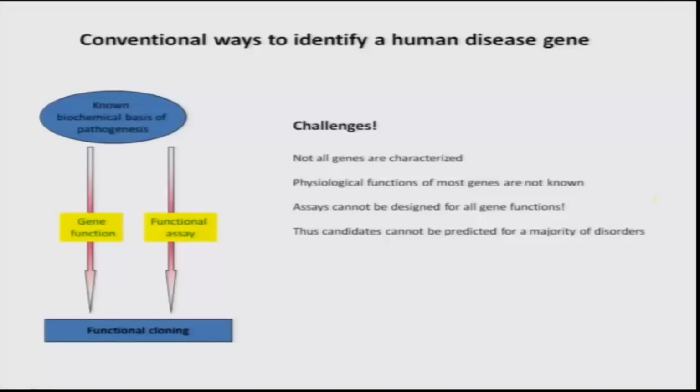These are regulated by channels, and people thought the channels could be involved, and they went ahead and sequenced many of the channels. There was some success, they were able to find some mutations, but still it is an extremely difficult approach to identify the genes based on the functions of the protein that you know. So the success has been very limited.